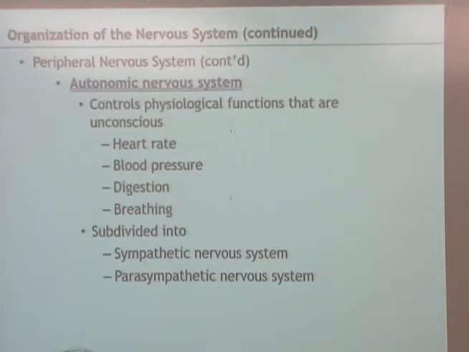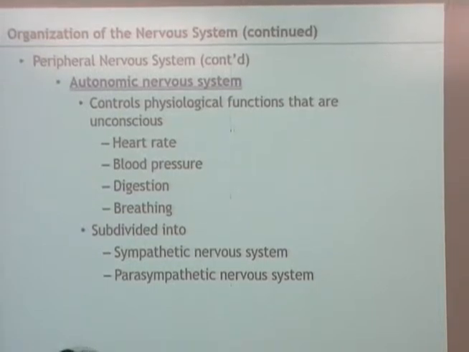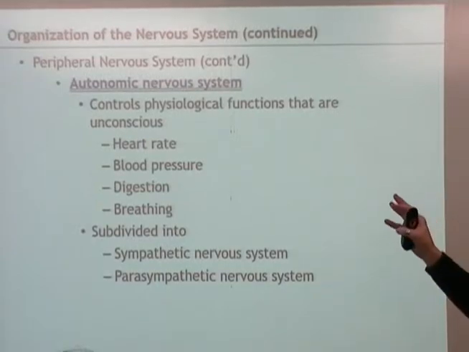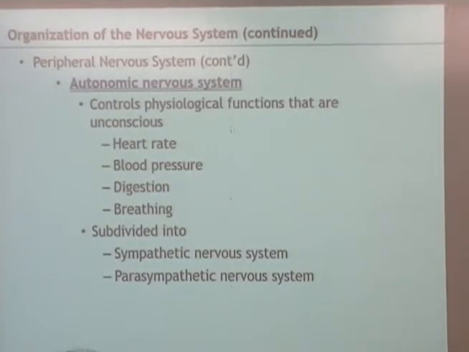So our autonomic nervous system is responsible for organizing and controlling things that are unconscious. Okay? So your heart rate, right? You don't control your heart rate. It beats at the speed it beats at, and it's controlled subconsciously by the autonomic nervous system. Right? Blood pressure, digestion, breathing.